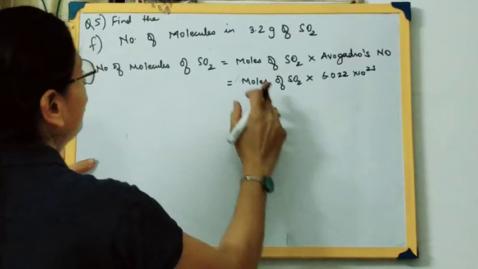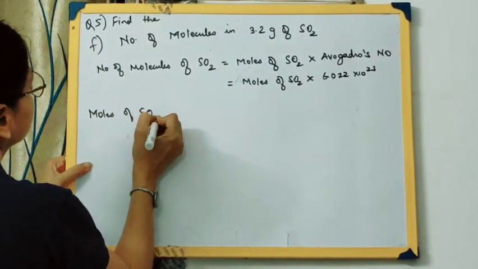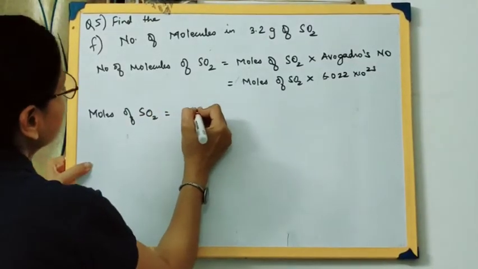Okay, so we'll first find out the moles of sulfur dioxide, or rather the mass of sulfur dioxide.